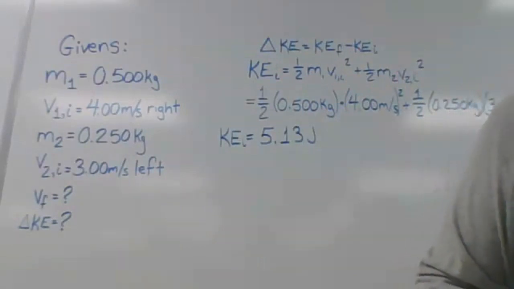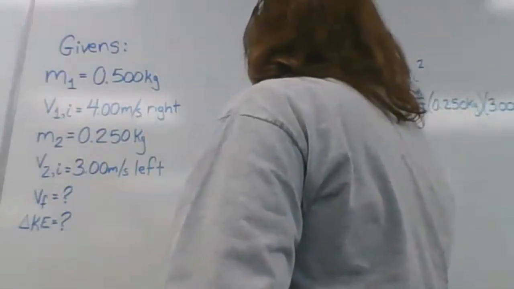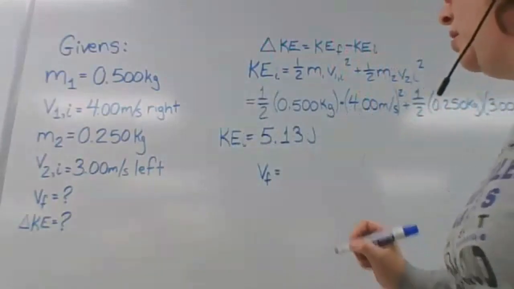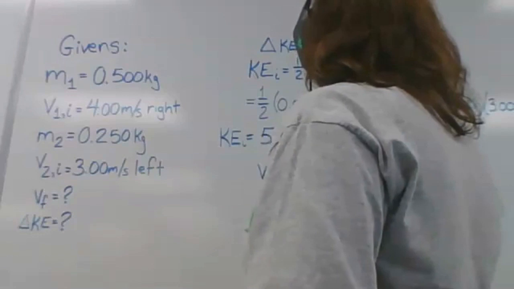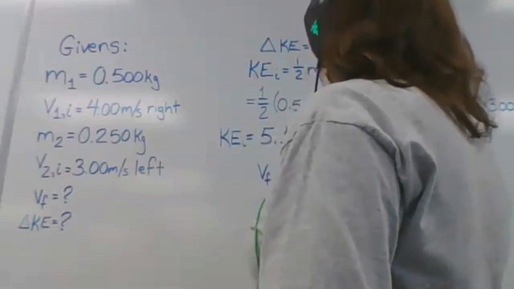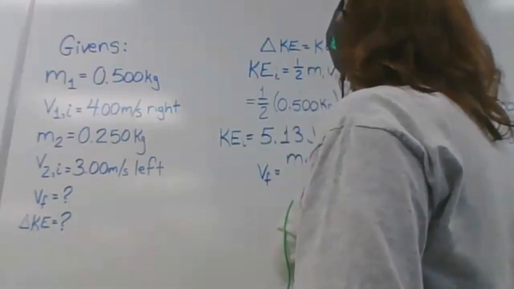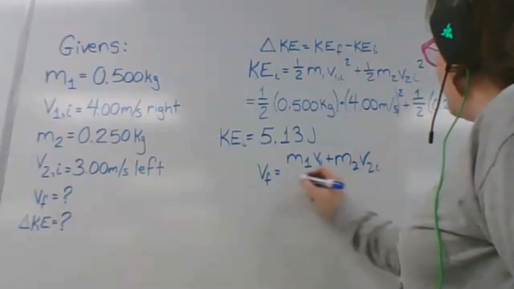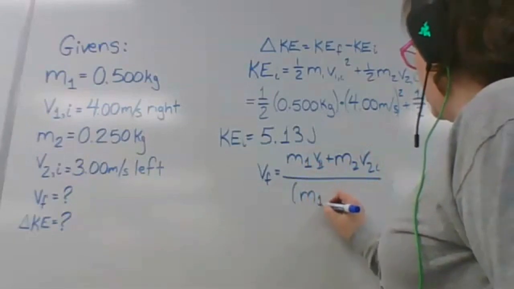I need to get my V final. My V final is equal to the mass of the first object times V1 initial, plus the mass of object 2 times V2 initial, divided by the masses added together.